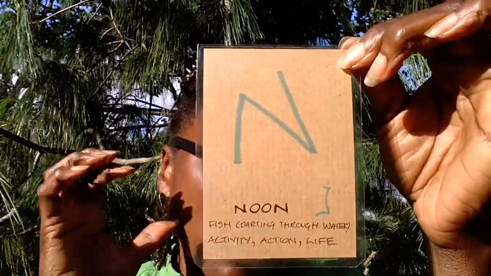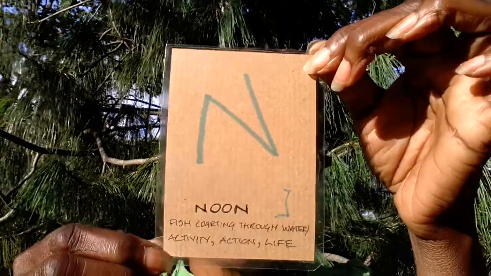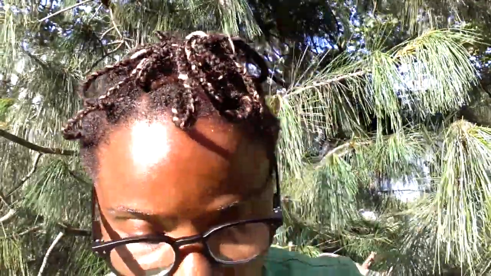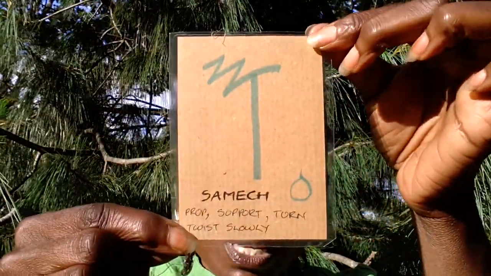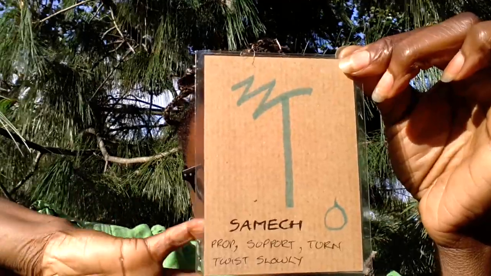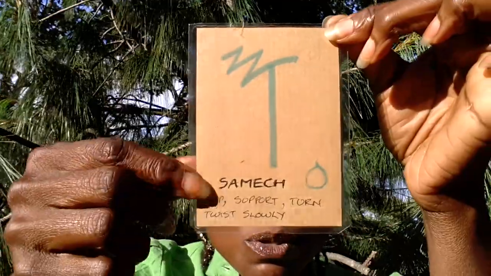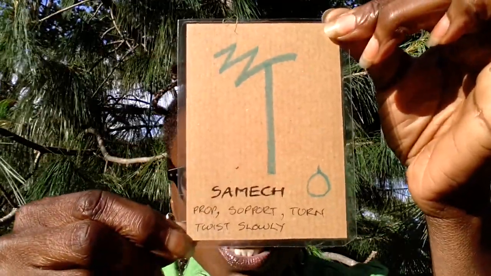That lightning strike, more like the electrical side of life, the spark of life. And then samek is the next one, which means to twist. So it's slightly similar to vav, which means to twist and push in. To prop, support, turn, twist slowly.